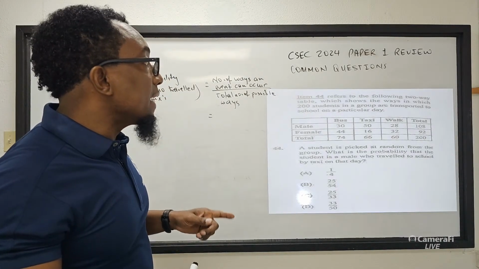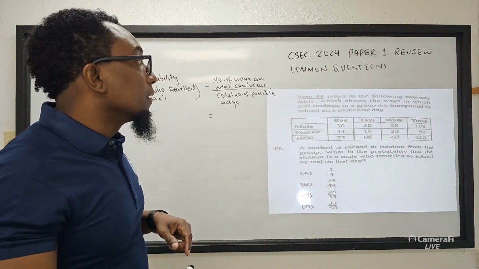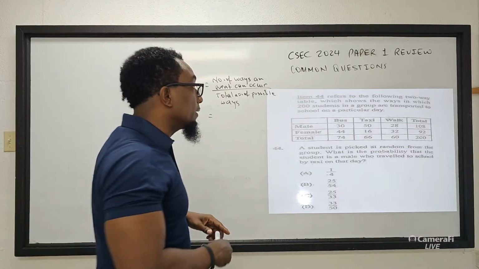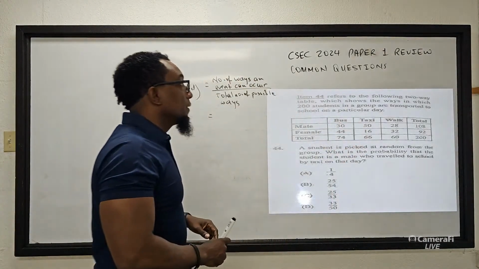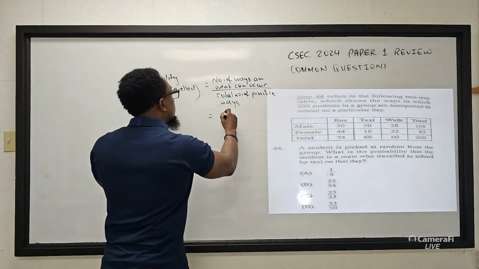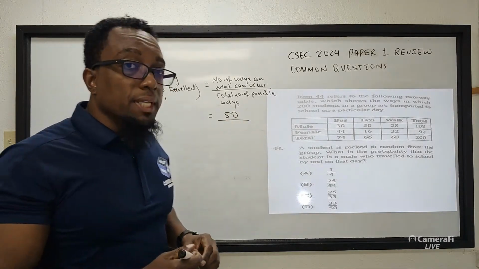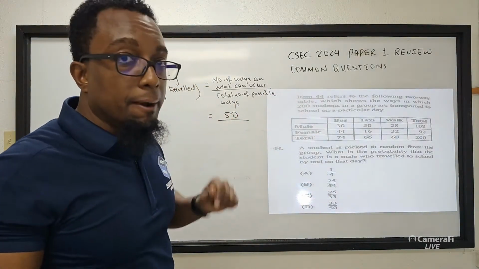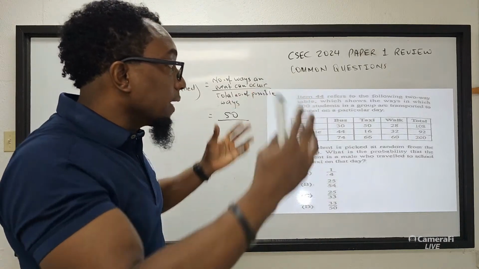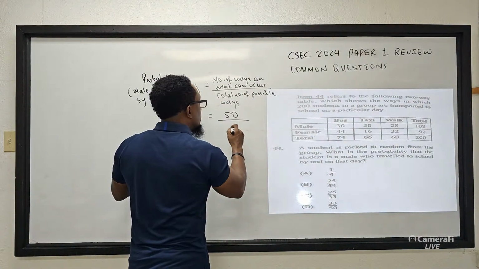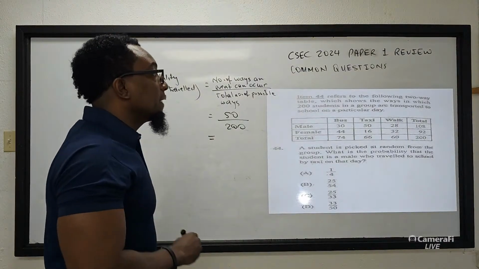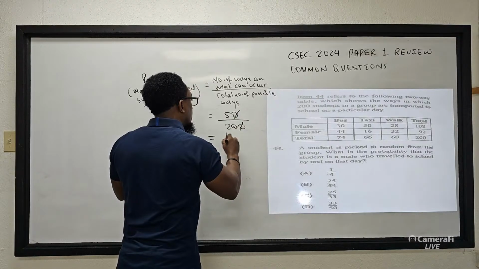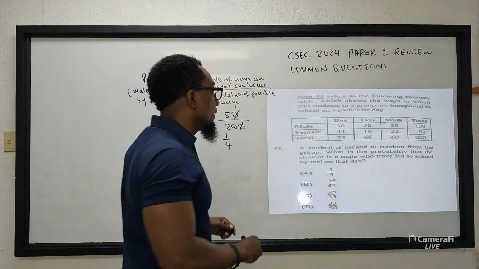The number of ways in which that can occur, a male who traveled by taxi, is 50 ways. So you have 50 over the total number of students, because they say a student is picked at random. So you're dealing with the total number of students, which is 200 students comprising both male and female. So therefore, this is 44A.